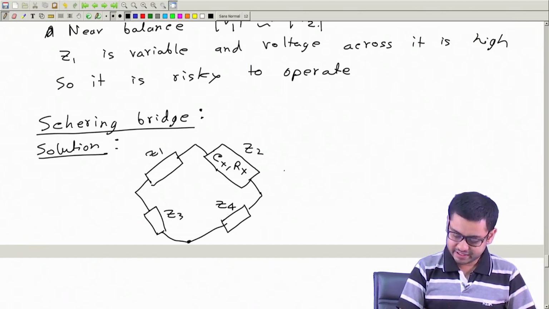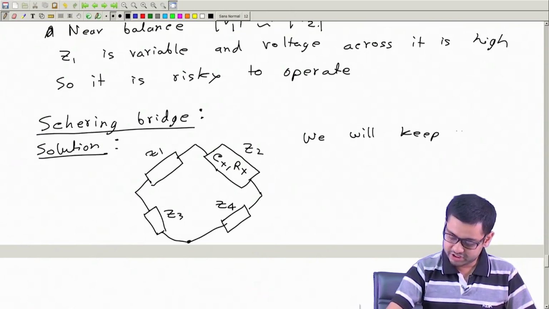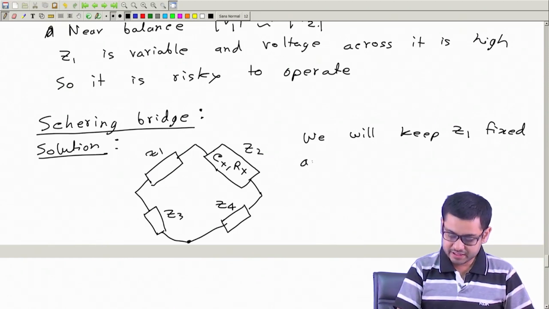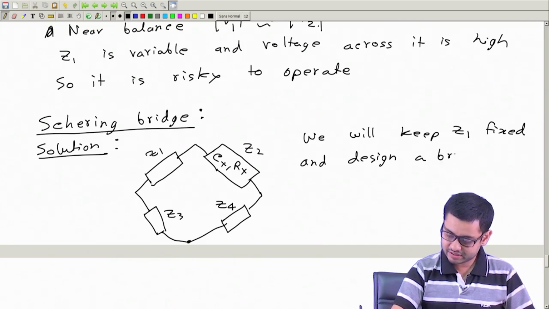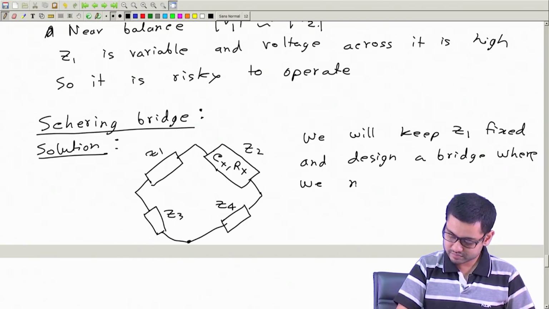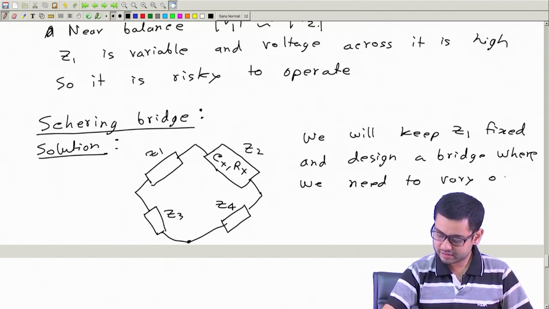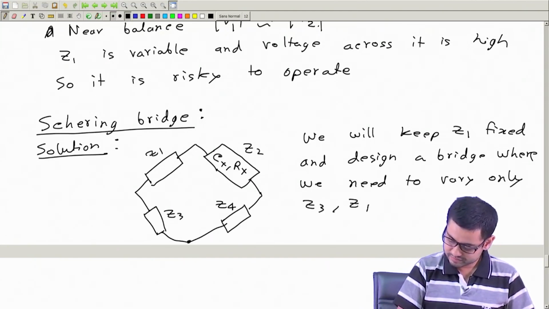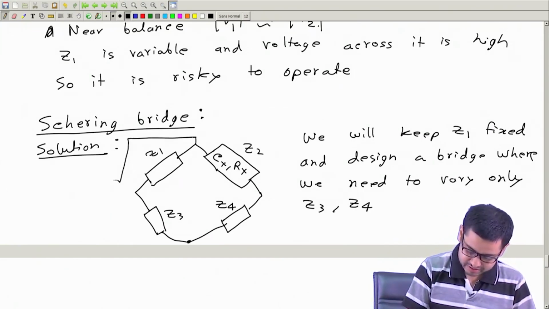So, Schering said that we will keep Z1 fixed and design a bridge where we need to vary only this Z3 and Z4, and the supply voltage is like this.